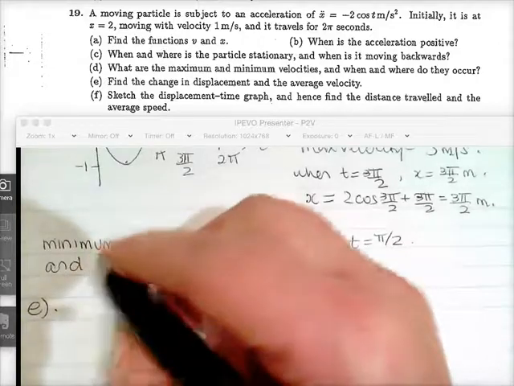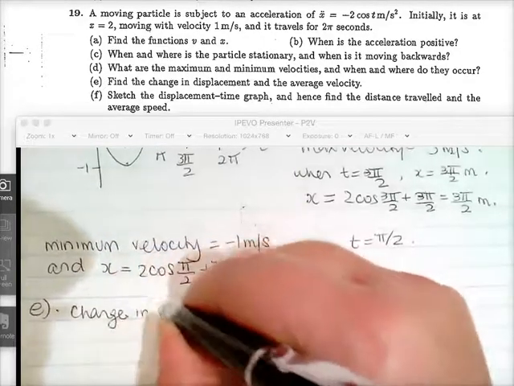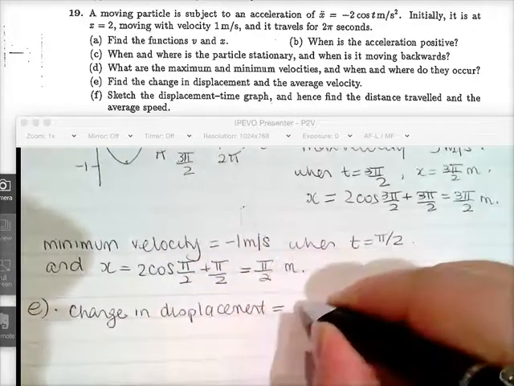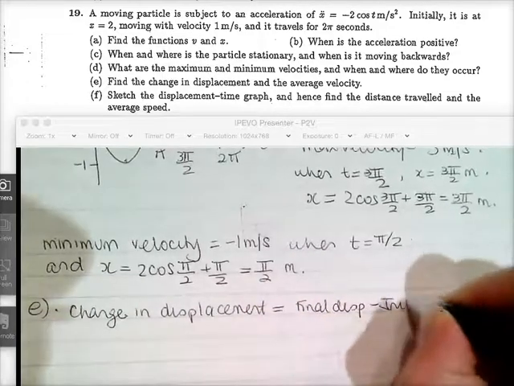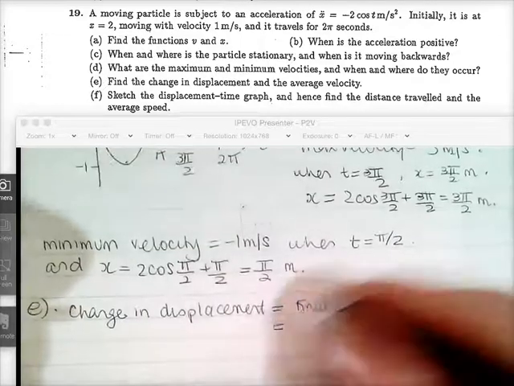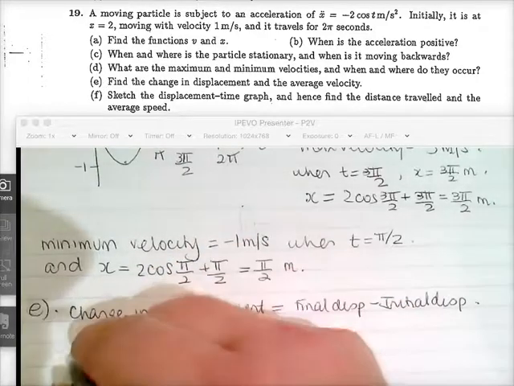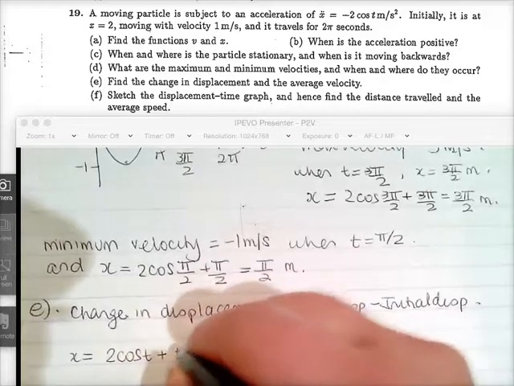Now part E is to find the change in displacement. It's different to distance travelled, very, very different. Change in displacement is final displacement minus initial displacement. Now, where is the particle originally? We know that x equals 2 cos t plus t.